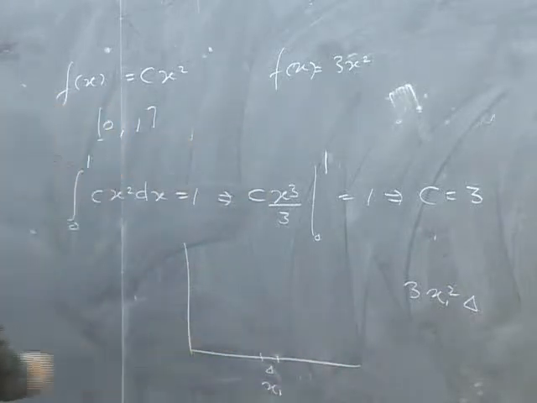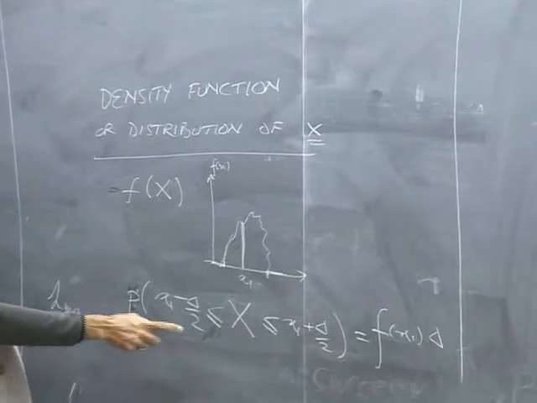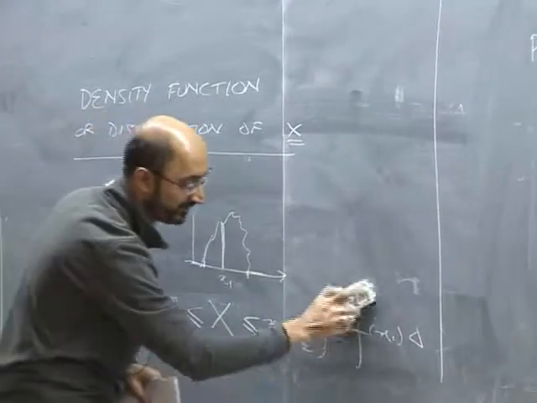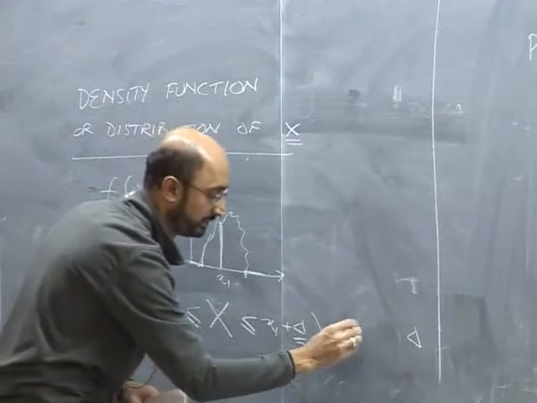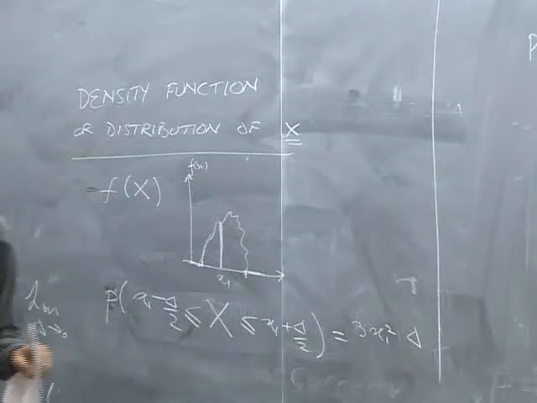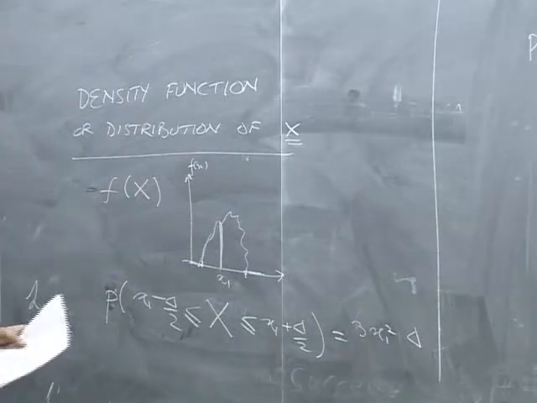So the probability that it lies in the range x1 minus delta by 2 less than x less than x1 plus delta by 2 is going to be f(x1) delta, or 3x1 squared delta. Okay, and so that's what it is.